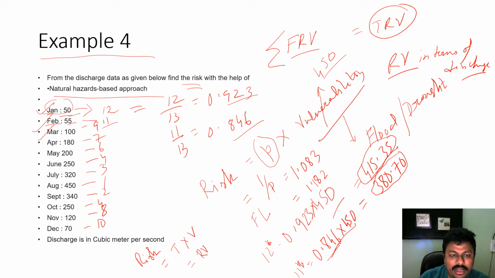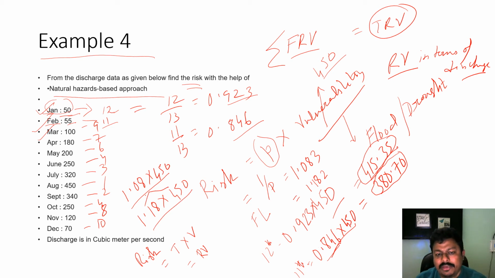Because when we multiply 1.08 with the vulnerability 450, and 1.18 with the vulnerability 450, the first value will be lesser than the second, which is actually the correct picture.